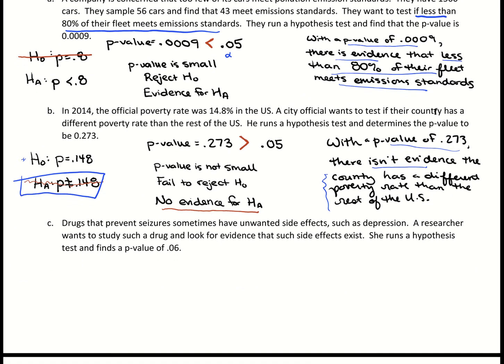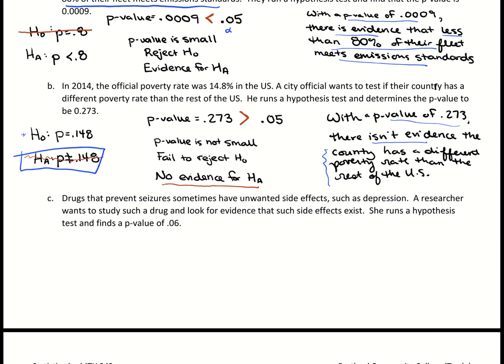All right, then with C, we have drugs that prevent seizures sometimes, have unwanted side effects such as depression. A researcher wants to study such a drug and look for evidence that such side effects exist. Now this one's a little different. It's not necessarily testing a proportion, but we could get an idea of what we assume is true and what we're trying to prove.